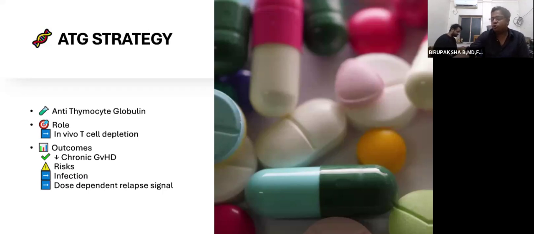For GVHD, we have the alpha beta T cell cohort, which is very notorious. We have a gamma delta T cell cohort, which is beneficial. And therefore, we need to preserve the gamma delta part and kill the notorious part.